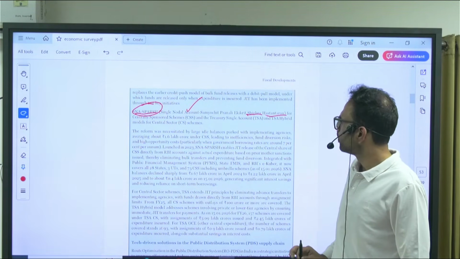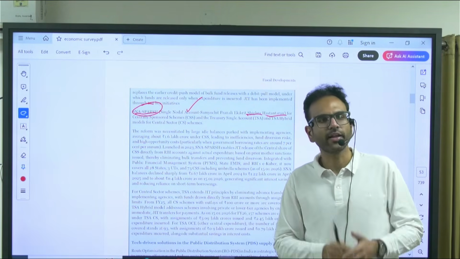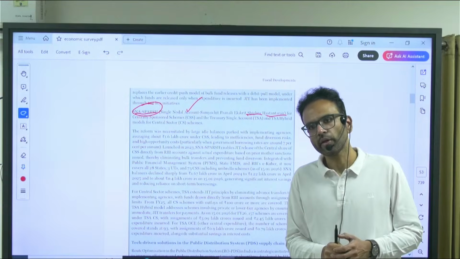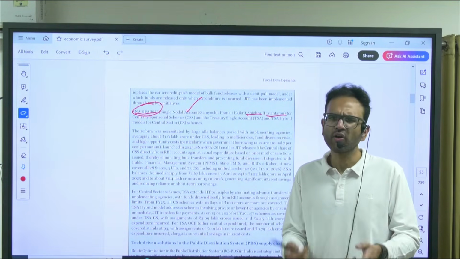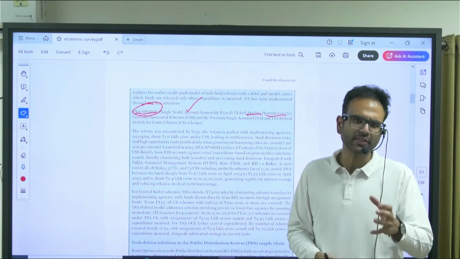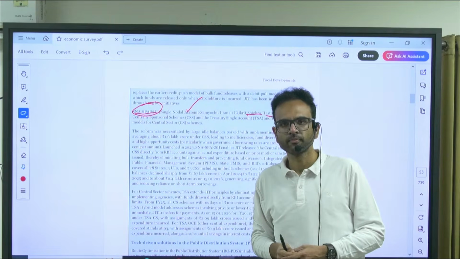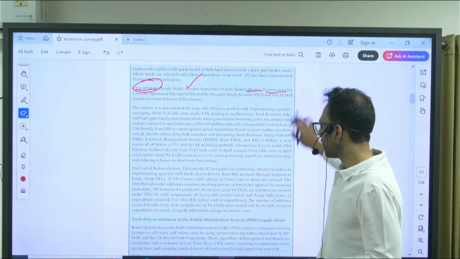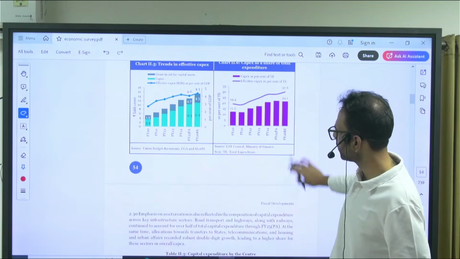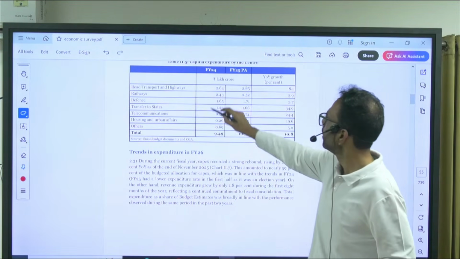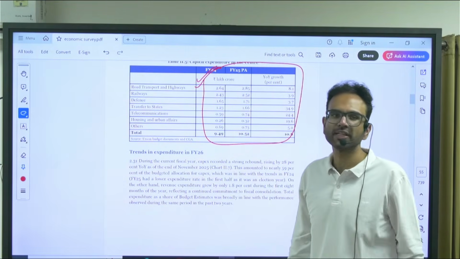So basically what we are trying to say is we are streamlining the bottlenecks. When these bottlenecks are addressed, efficiency automatically comes in, and this fiscal prudence will automatically lead to debt sustainability, fiscal consolidation. And finally, when we are talking about the state finances, capital expenditure is also increasing. Nothing to talk about here. Again, read this table. Very important for your prelims exam.